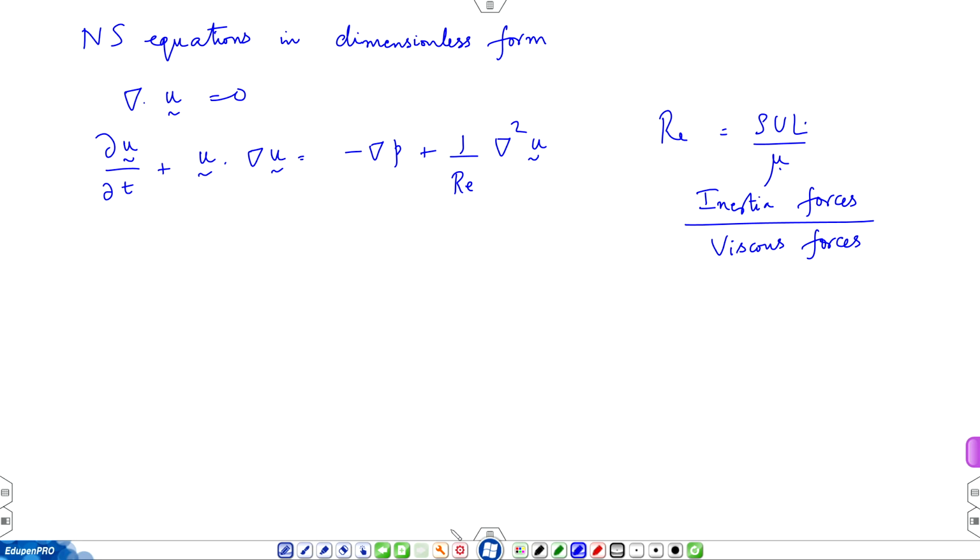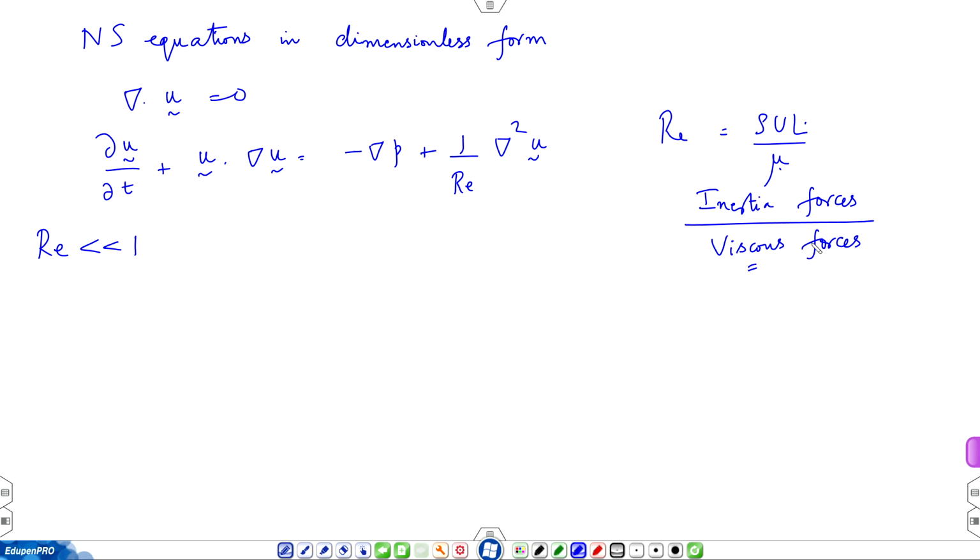So, the question is, can we simplify the Navier-Stokes equations by looking at the order of magnitude of Re. In some problems Re may be very small. In that case, it tells you that viscous forces are very dominant compared to inertia.